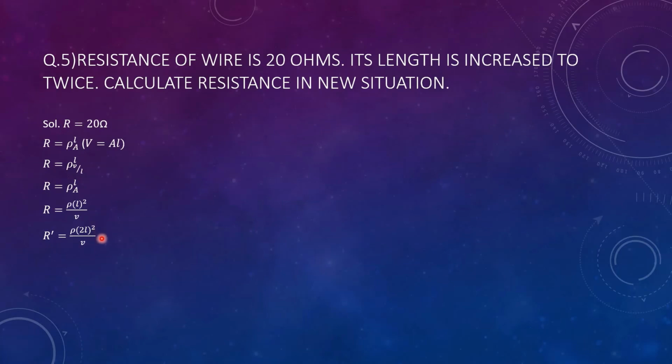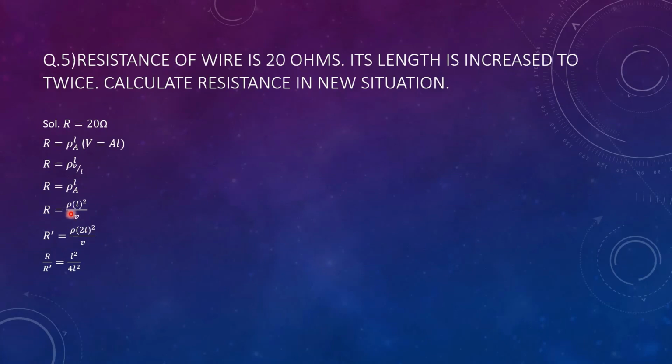If length becomes twice, so L is replaced by 2L, and on squaring it becomes 4L square. This equation is divided by this equation. So left hand side terms upon left hand side terms and right hand side terms upon right hand side terms.